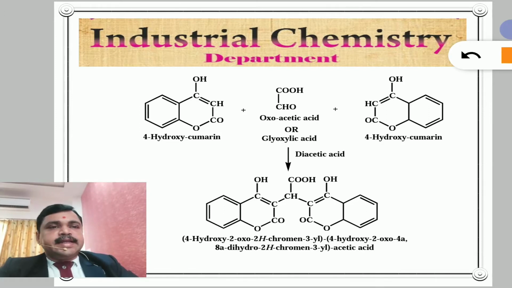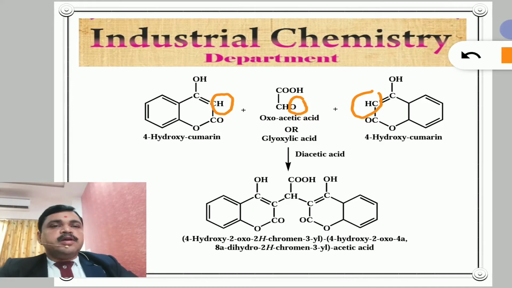The 4-hydroxycoumarin loses hydrogen, and oxoacetic acid loses oxygen. 2 moles of 4-hydroxycoumarin and oxoacetic acid in diacetic acid give an intermediate compound of coumarin, that is 4-hydroxy 2-oxo 2-hydrochromen 3-yl, 4-hydroxy 2-oxo 4A 8A dihydro 2-hydrochromen 3-yl acetic acid.